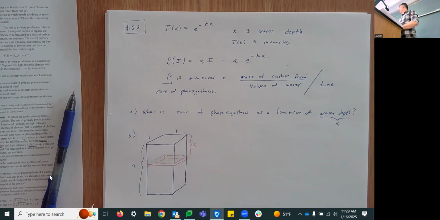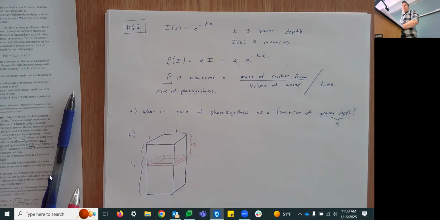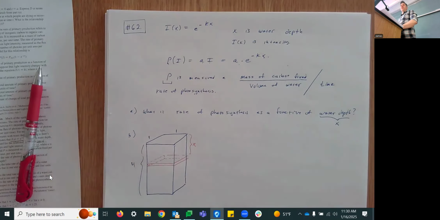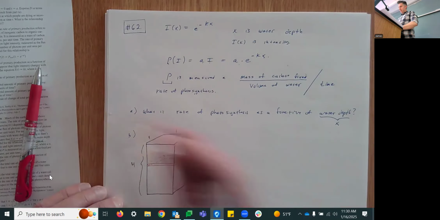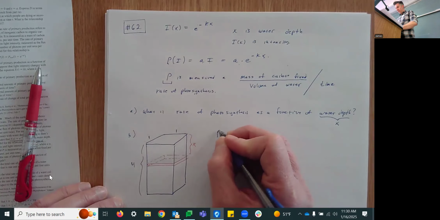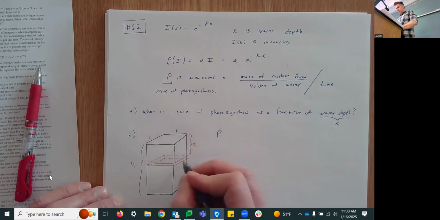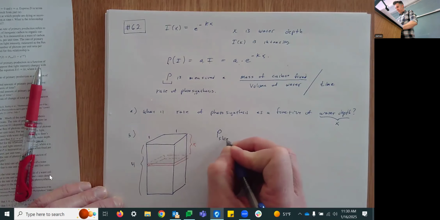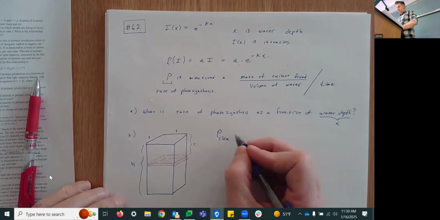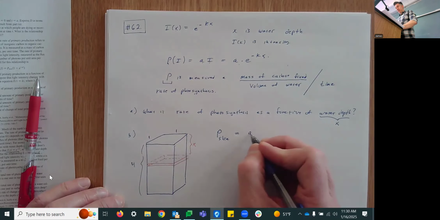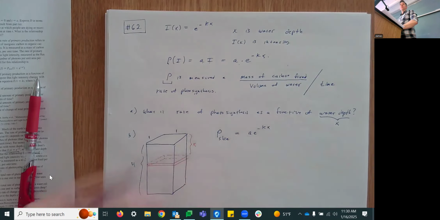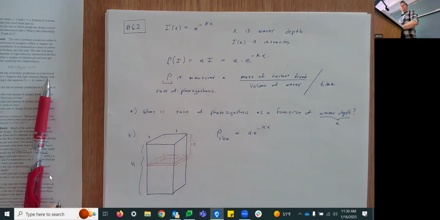I want to know the total rate of photosynthesis for that slice of water. Well, I think I know it. I think the rate of photosynthesis for that slice is equal to A times e to the negative kx.